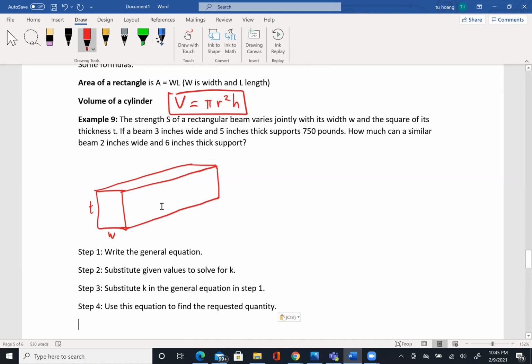But now we need to write the general equation for this.